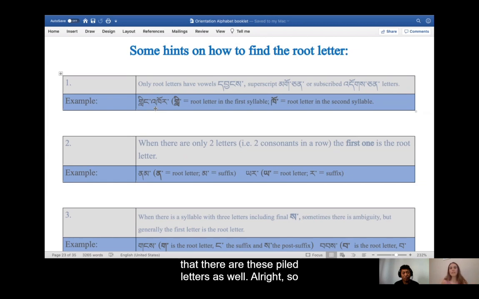We have seen that there are these piled letters as well. All right, so that's the first trick to identify the main root letter in a word. So Genla, would you be so kind as to read the example for us and spell it out?